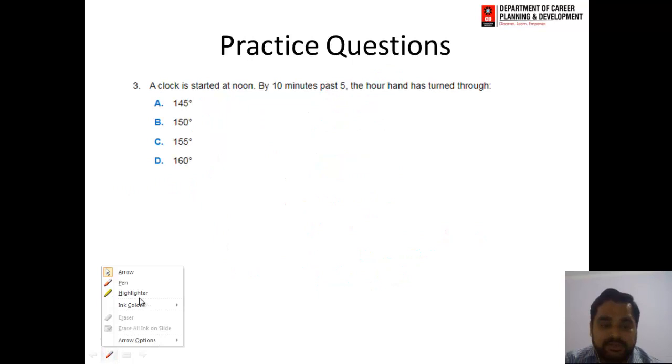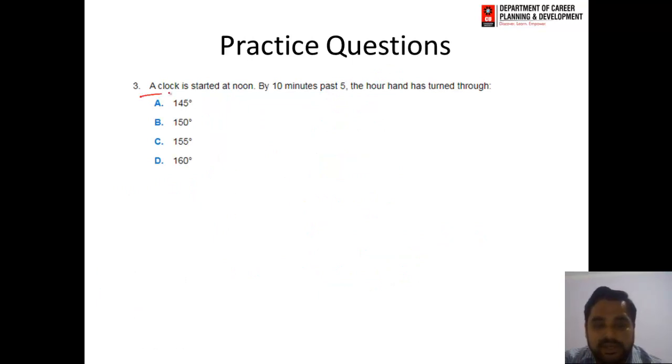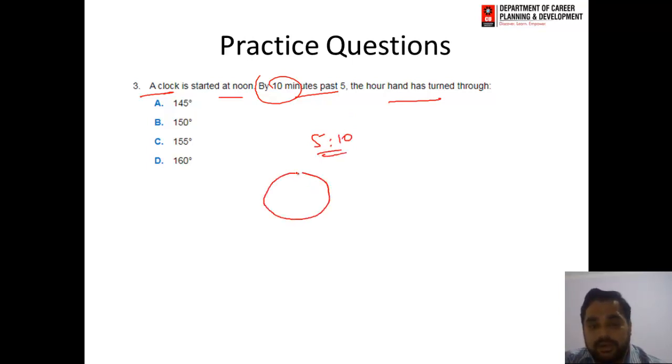Now question number 3. Question number 3 says a clock is started at noon. By 10 minutes past 5 the hour hand has turned through what angle? It means, what is the angle covered by the hour hand if the time is 10 past 5? So at noon the hour hand must be at 12, and at 5 the hour hand at 5.